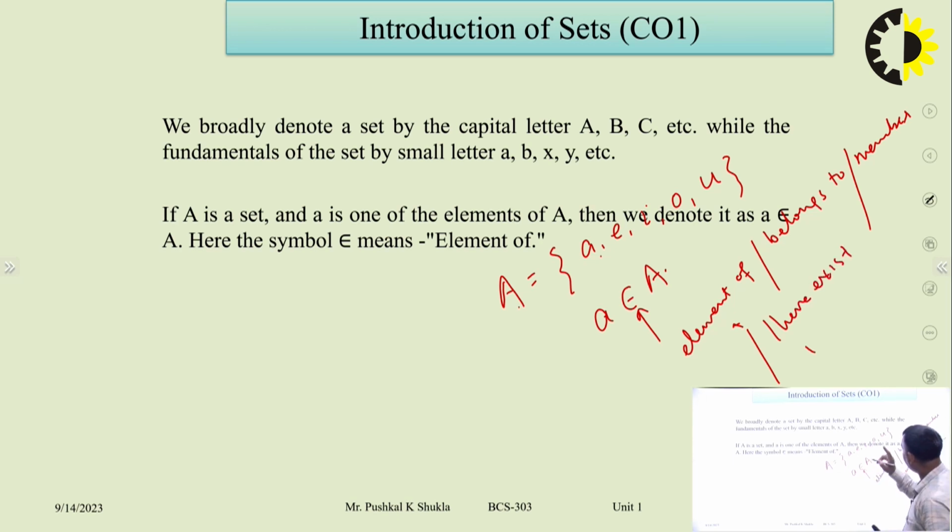So a is an element of A. Here b is not an element of A. So this symbol represents does not exist, or not an element of, or not a member of A. So b is not a member of A, b does not belong to A.